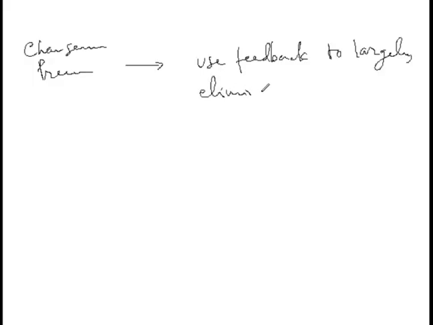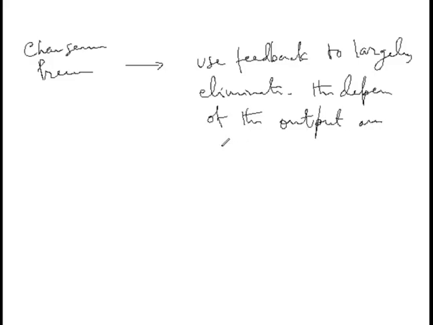In this charge sensitive preamp, what is done is basically we use feedback to largely eliminate the dependence of the output amplitude, this is what we wanted, on the value of C. And as a result, the proportionality is restored.